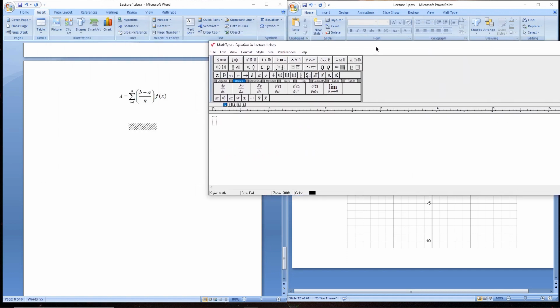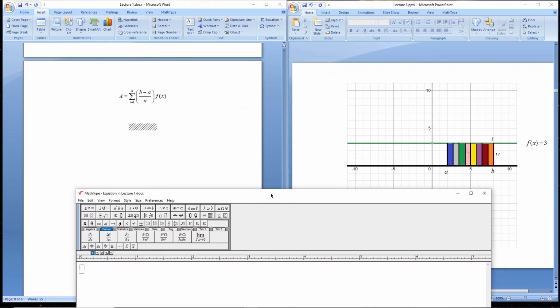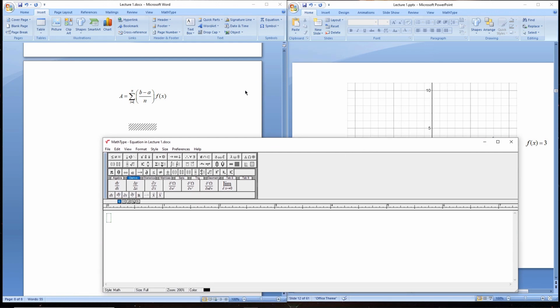Now, if you recall at the starting, this b minus a over n is simply the length of one of these rectangles. And now all the rectangles have the same length, and the length is always going to be b minus a over n.